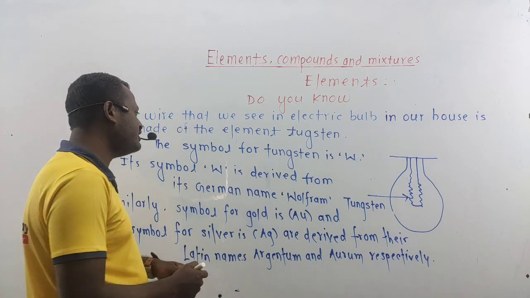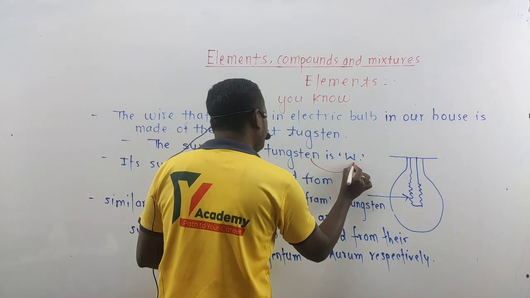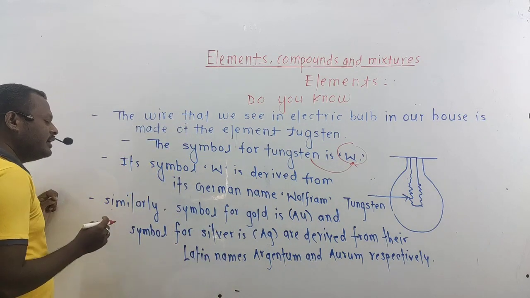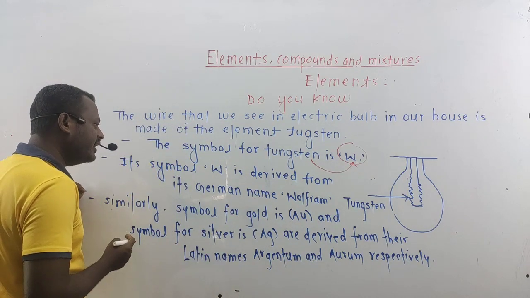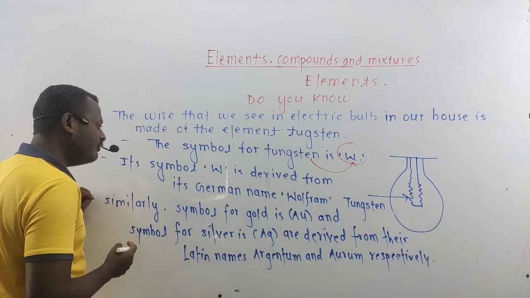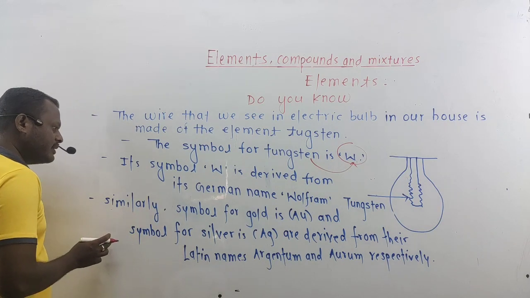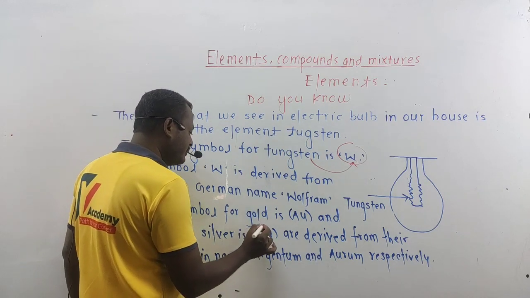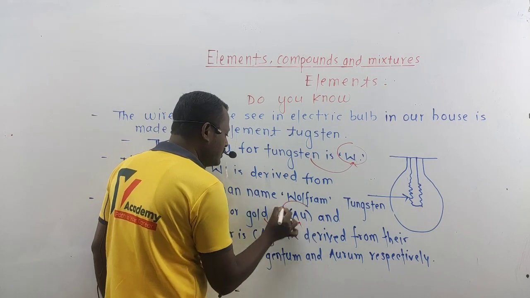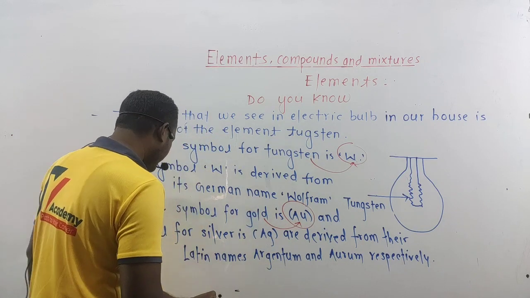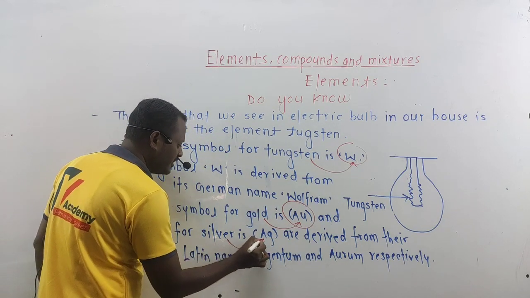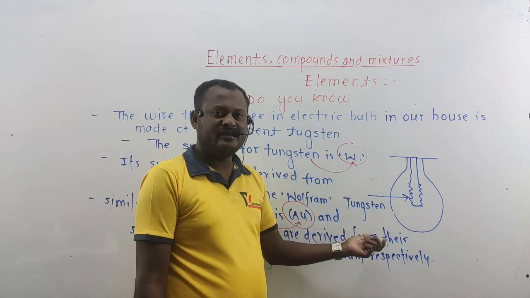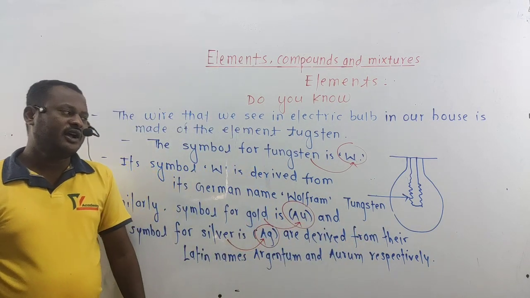Tungsten is denoted by the symbol W, derived from the German name Wolfram. The symbol of gold is Au, and the symbol for silver is Ag. These are derived from their Latin names Aurum and Argentum.